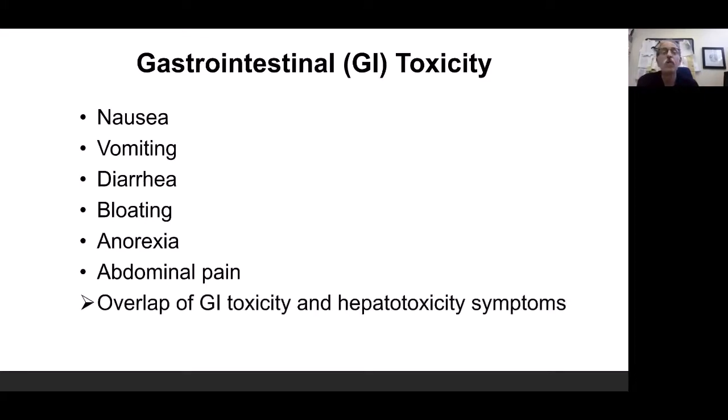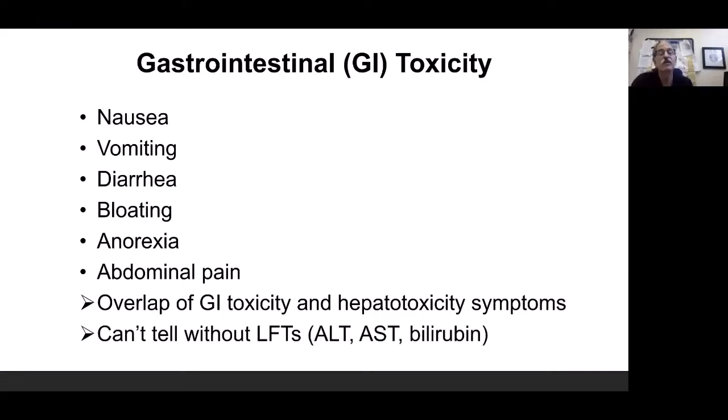One of the things that it's clear is that you can't tell which of these symptoms necessarily reflects hepatotoxicity. So it's very hard to rule out hepatotoxicity unless you're going to get liver enzymes, including transaminases and bilirubin, to say that it isn't.